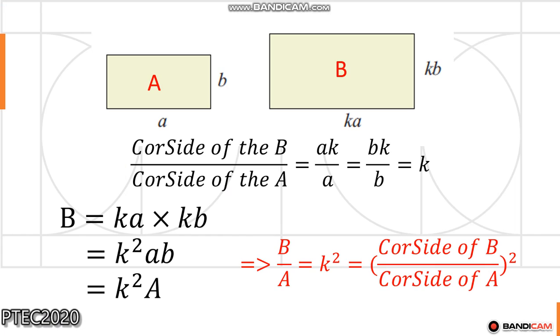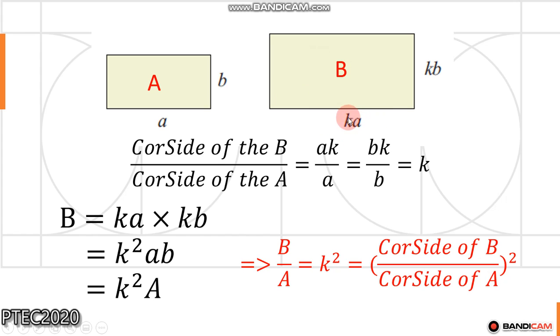Suppose that I have a rectangle labeled as A, and the length and width of the rectangle are given as a and b respectively. And suppose that I enlarge this rectangle with the scale factor of k, so that the length and width of rectangle B are obtained by multiplying k to the length and width of rectangle A respectively.